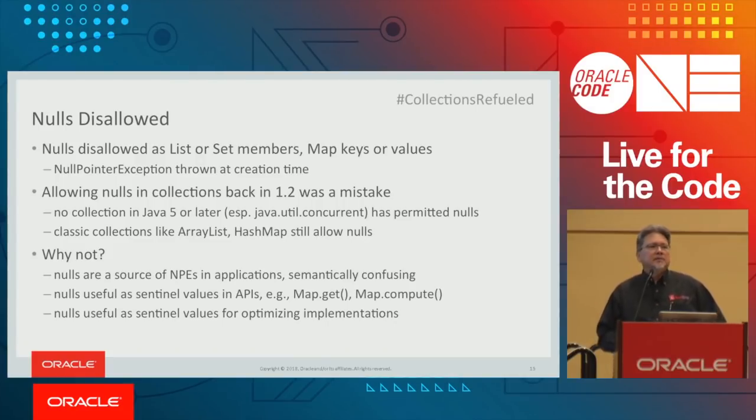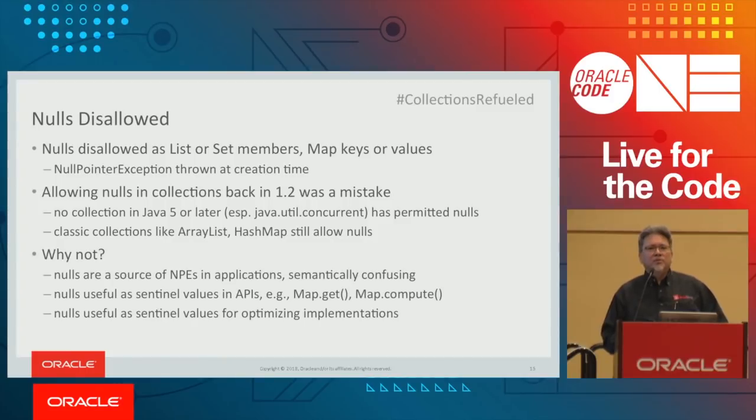The general sense is that allowing nulls in the original collections back in JDK 1.2 was a mistake. It creates a bunch of special cases in the collections code, which means that it slows things down. Also, you get some strange problems in the API. For instance, map.get returns null if the key you're asking for isn't there.